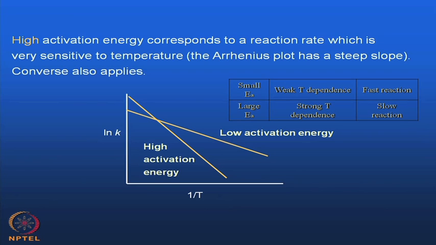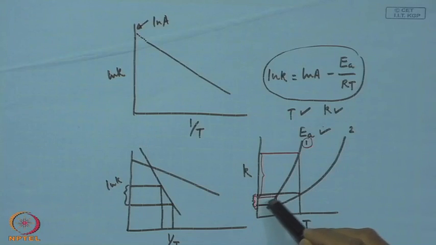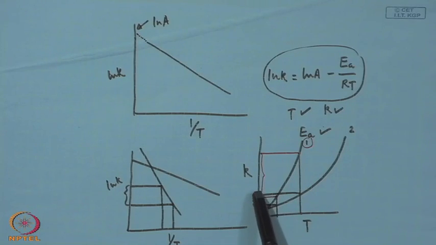So, we can have a table like this: small activation energy means weak temperature dependence, but the reaction is fast. That means, as I told you here, if the activation energy is small, although the temperature dependence of k is not that much, the reaction is found to be faster.